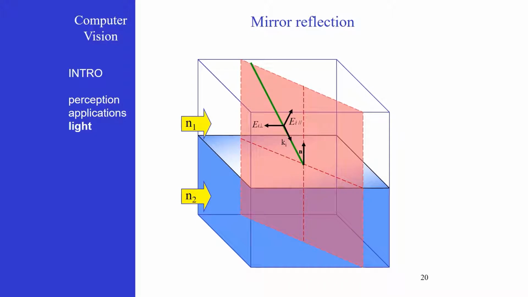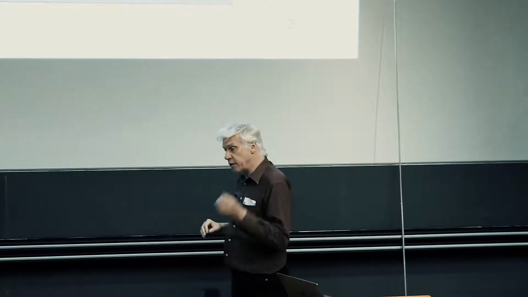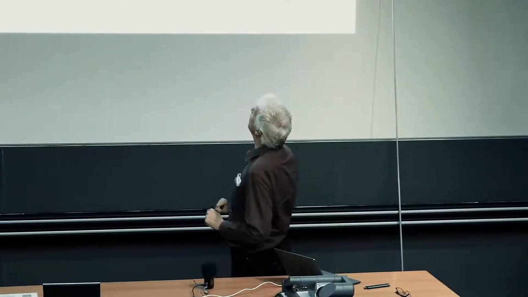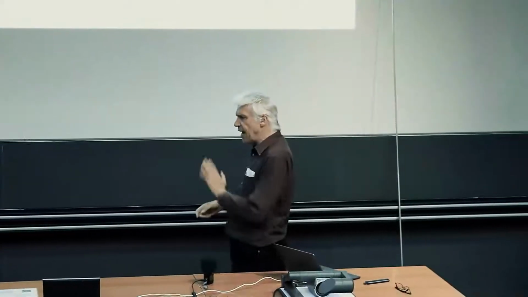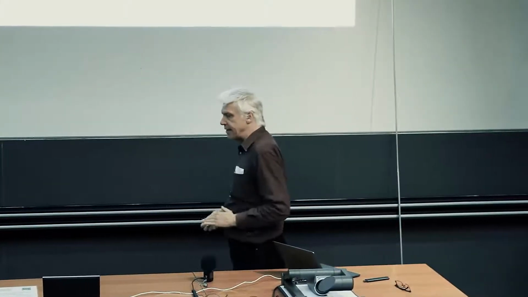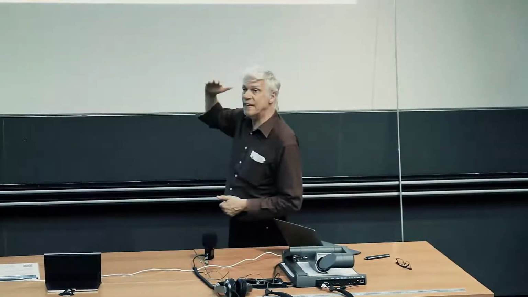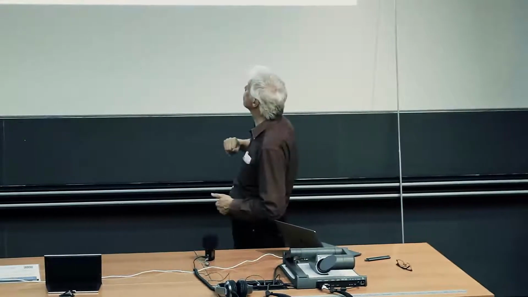So we will have some orientation of the electric field vector. It will be orthogonal to the green line, to the direction of propagation, according to Maxwell's equation. And then we can always decompose that into these two components in the orange plane and sticking out orthogonal to the orange plane. We call these the parallel and perpendicular components respectively.